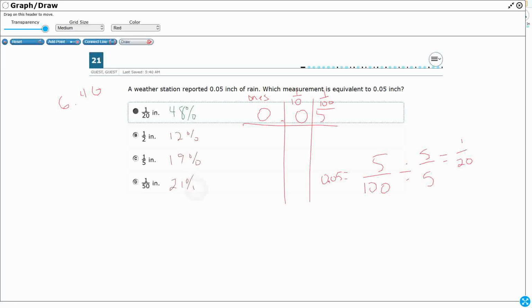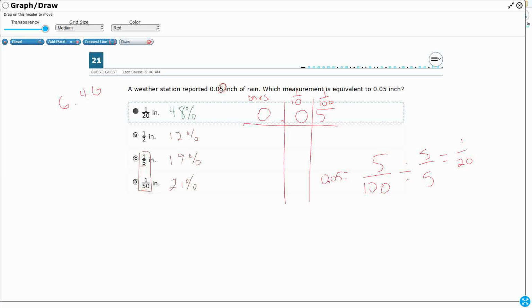So you see what's kind of the same between the C and the D, right? They've got the 1/5, 1/50. So they did something with this 5 that they didn't really know how to translate. So they would just use that 5, and you see the 5 is in the denominator in both of these spots.